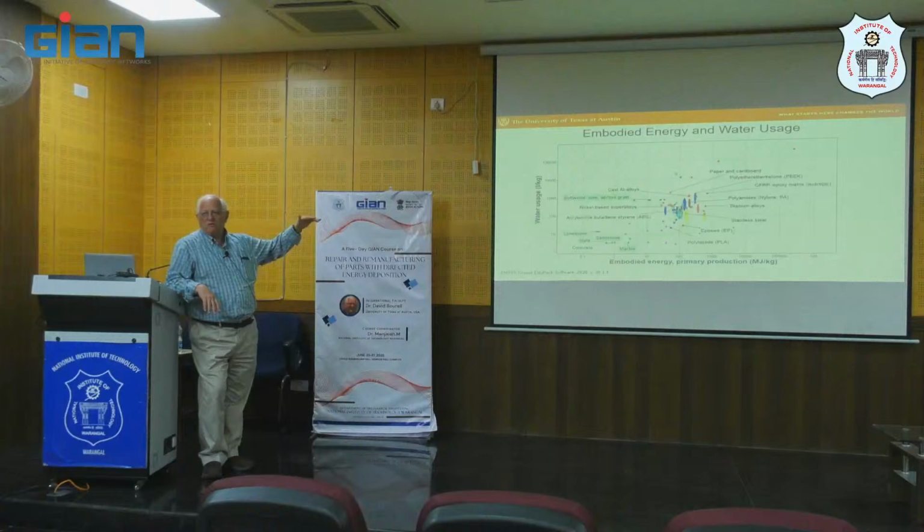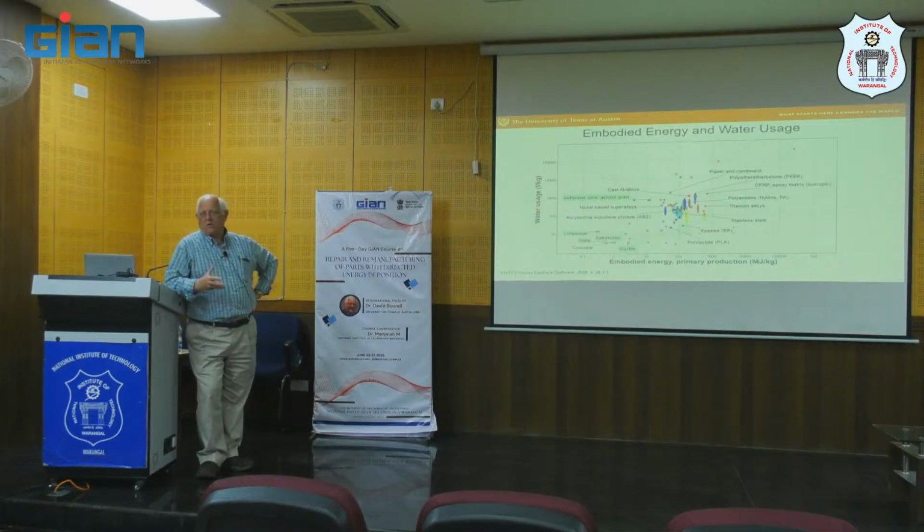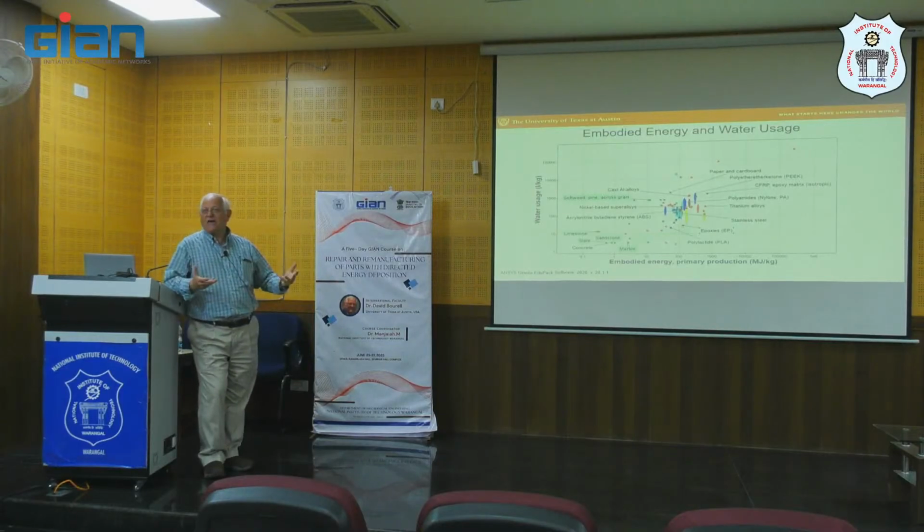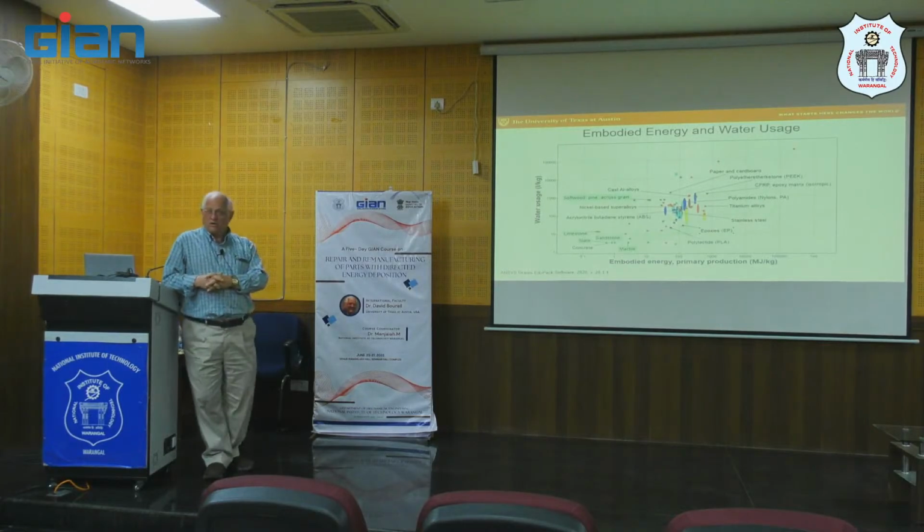So they're much less attractive. Of course, stone and the slate and the concrete, they require some water for processing, but not much. And so you can see that down there. They're down around 10 liters per kilogram, as opposed to, say, 1,000 liters per kilogram of water for wood.